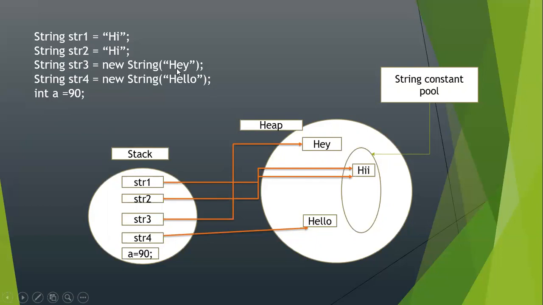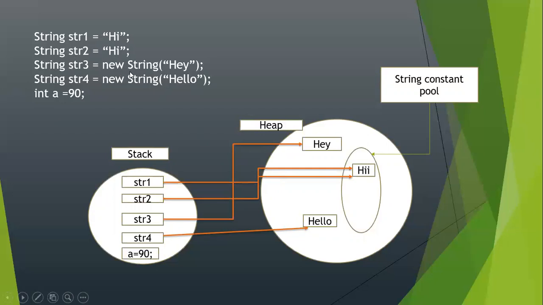We are not actually creating the object. If we assign only value to the references, if the value content is same, it will only point the reference to that value here. If the content is different, it will create a new value in the string constant pool.